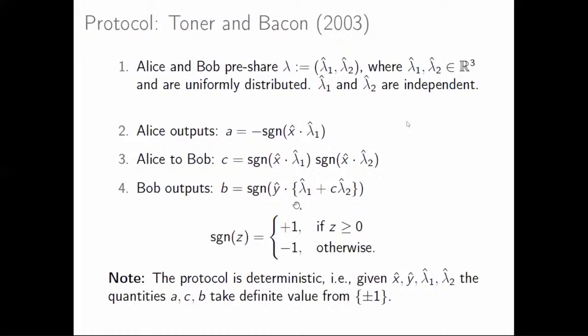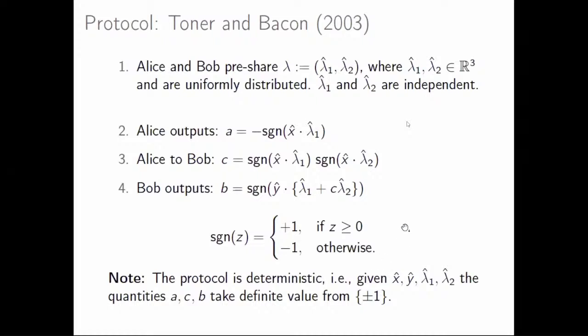A few things I want to mention: at every step, one can note that this is a deterministic protocol. For any given measurement, Alice will give a definite answer, either 0 or 1. Similarly, Bob will give a definite answer, either 0 or 1, or +1 or -1.